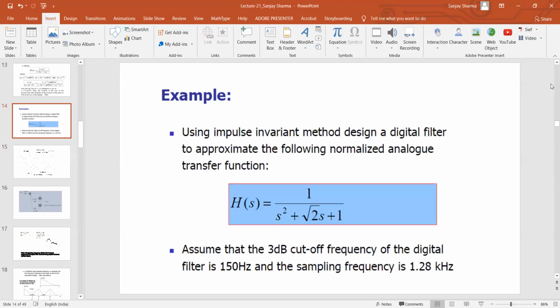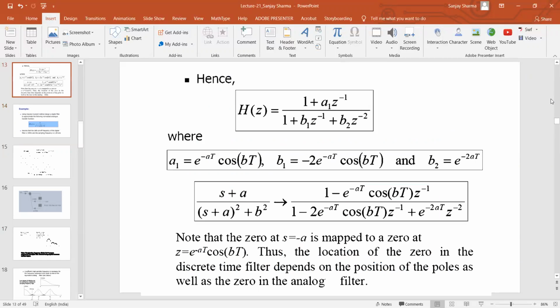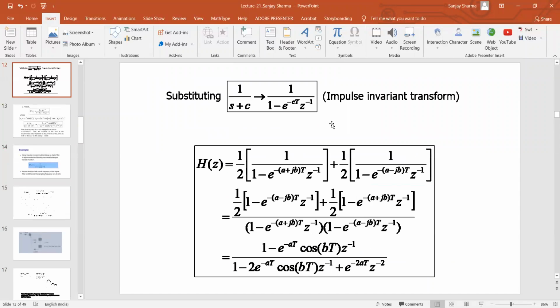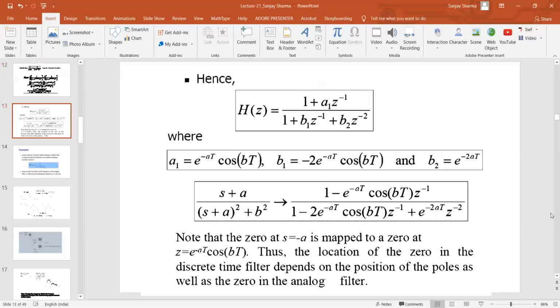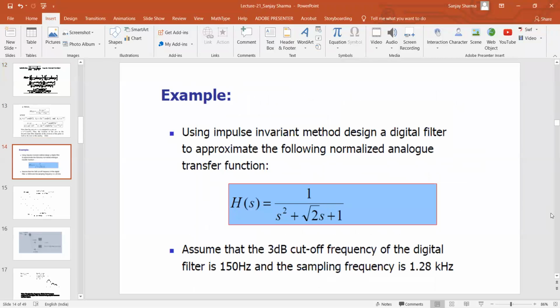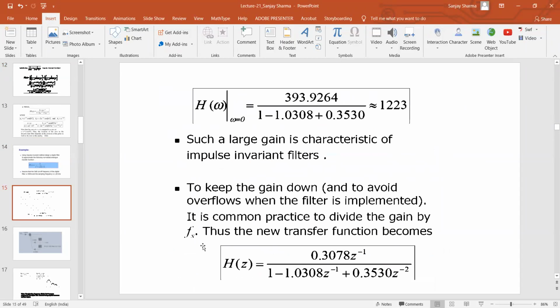This is H(s). Once you do the partial fractions, you will be able to obtain the h(t). And if you use the impulse invariant transformation, like 1 over s plus b, the transformation is 1 over 1 minus e to the power minus bT z to the power minus 1. Once you do that, the solution is not complete here, but anyway, you will be able to get H(z), the new transfer function.